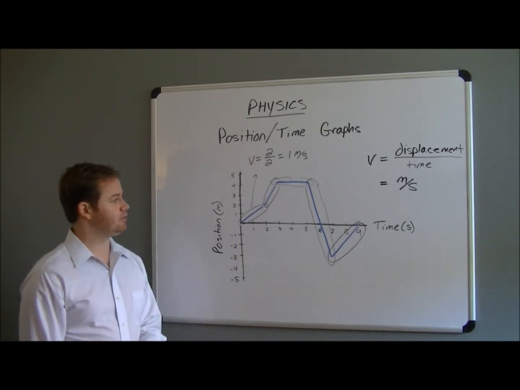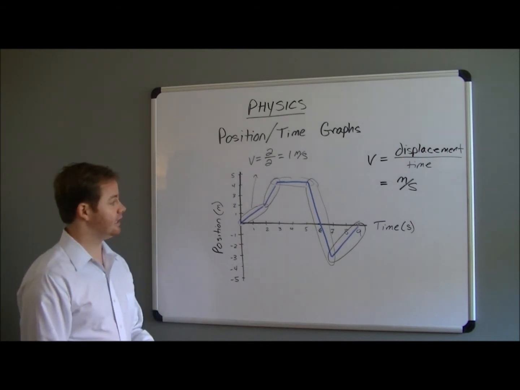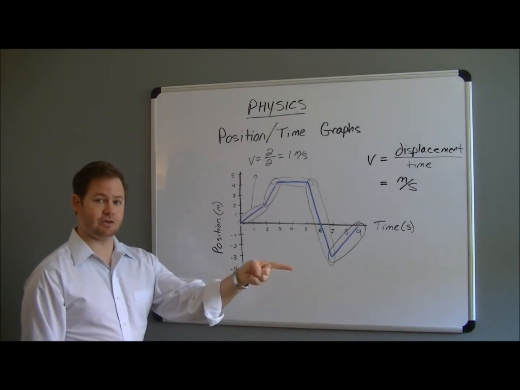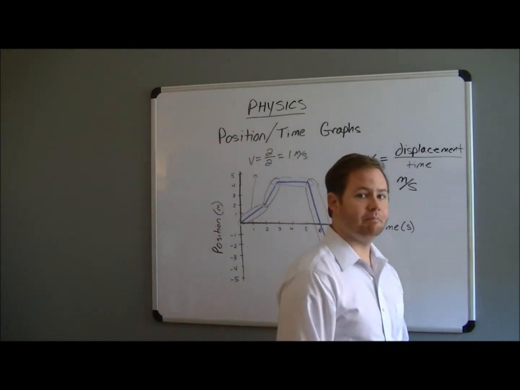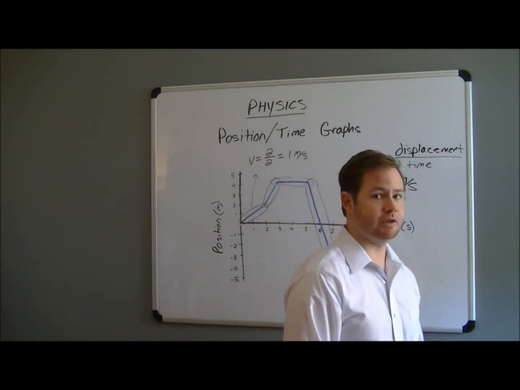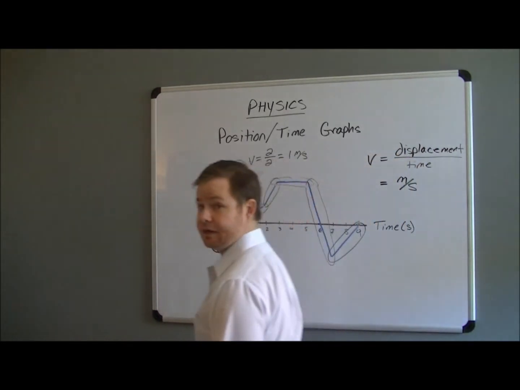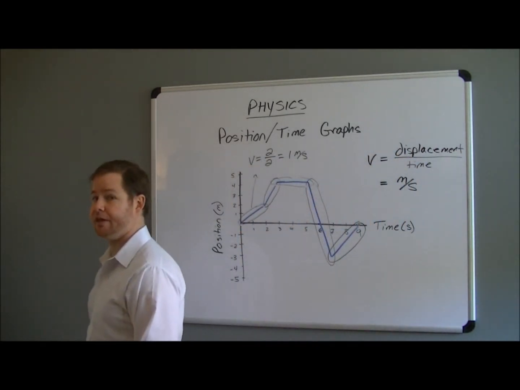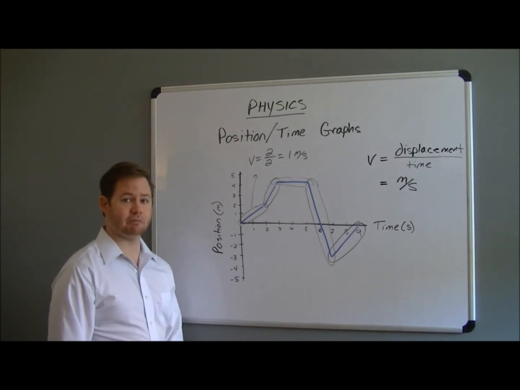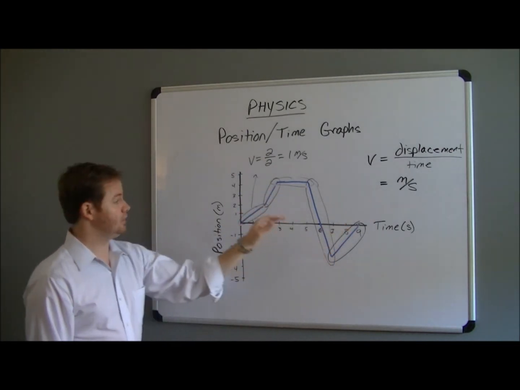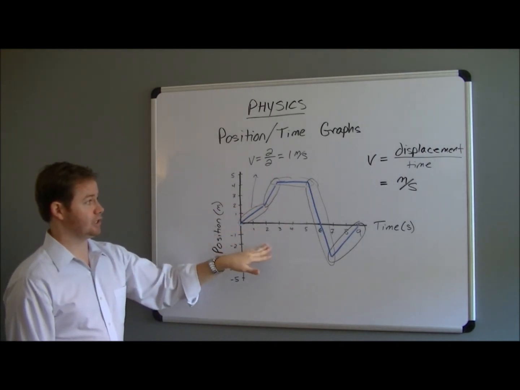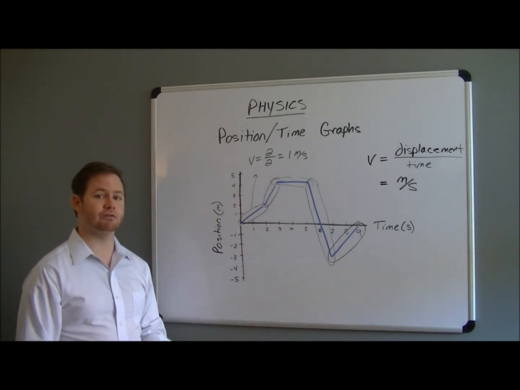So this graph would be reflective of something like if we said that positive position is that direction. So if I began walking in that direction, paused for a certain period of time, turned around and walked back in the opposite direction, and then turned around and walked back to my starting point, that's what we're seeing here in this graph.